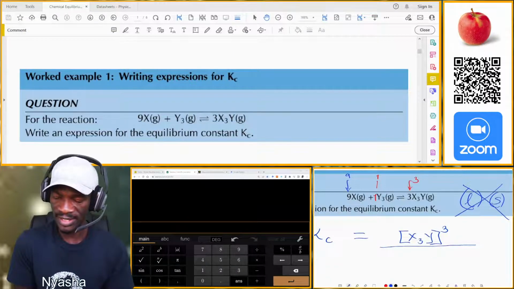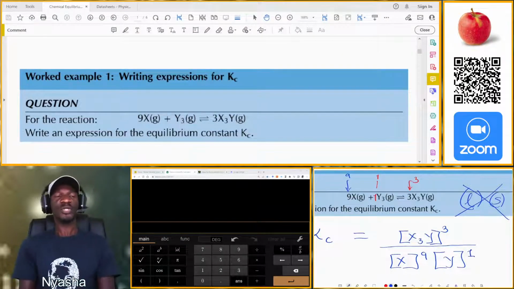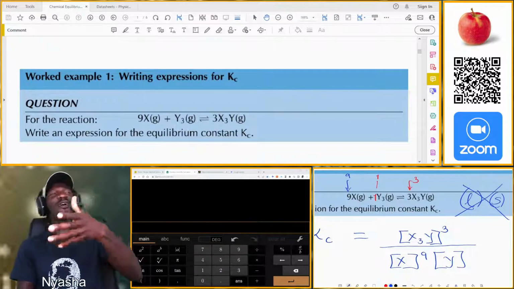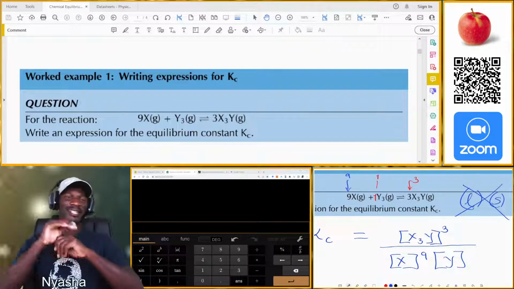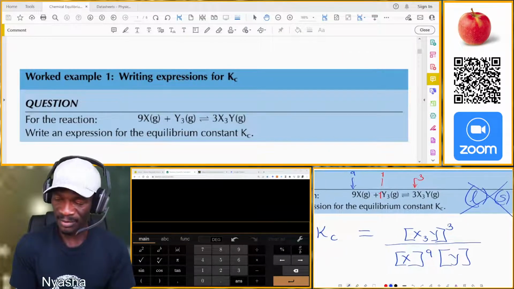This is all divided by the concentration of X raised to the power of 9, multiplied by the concentration of Y raised to the power of 1, which we often do not write. If you are raising something to the power of 1, you do not write it. So this is an expression.